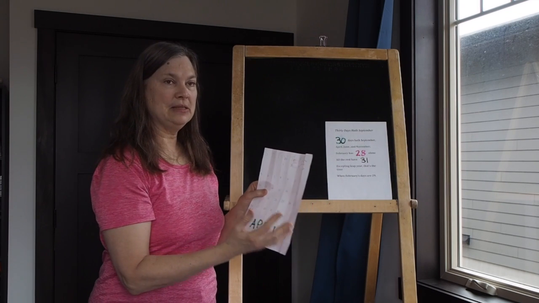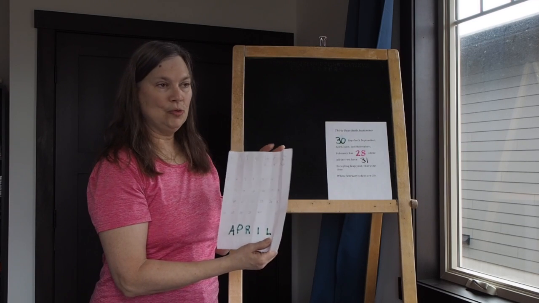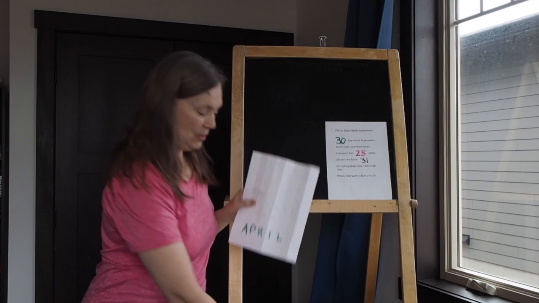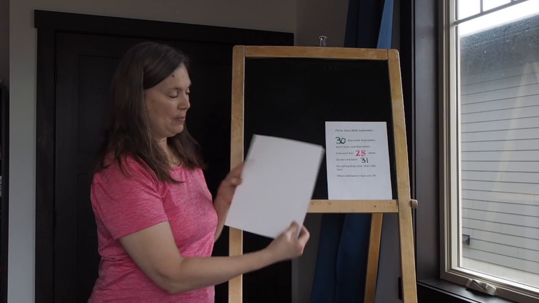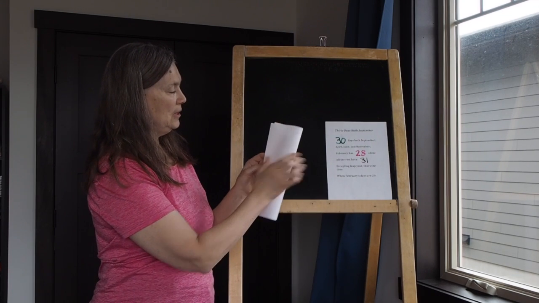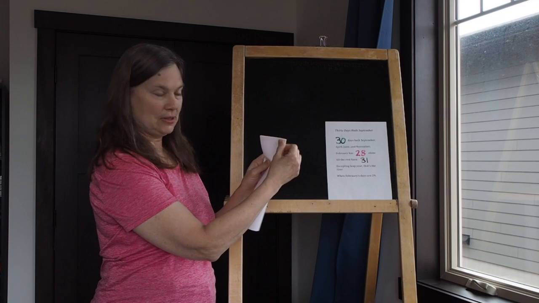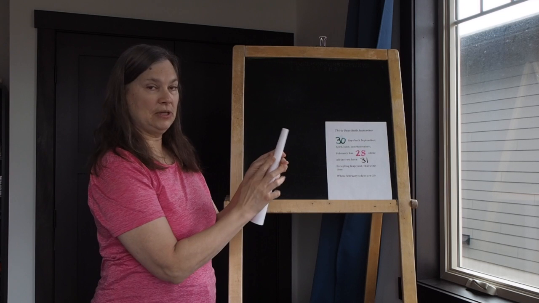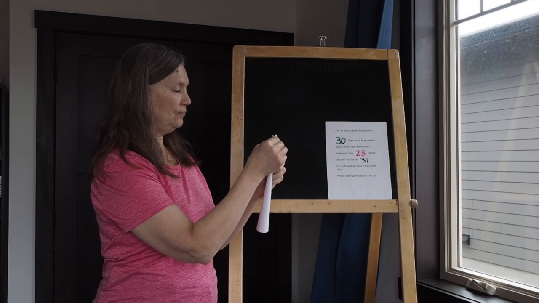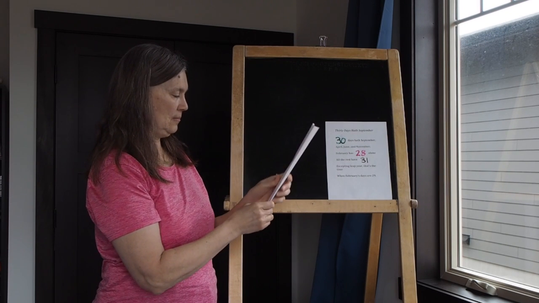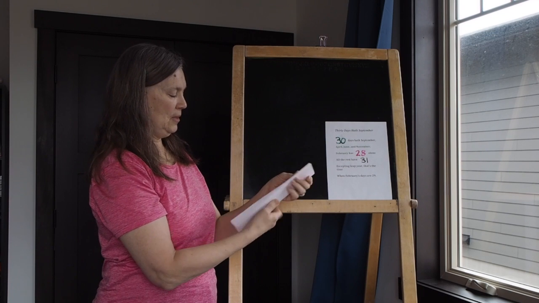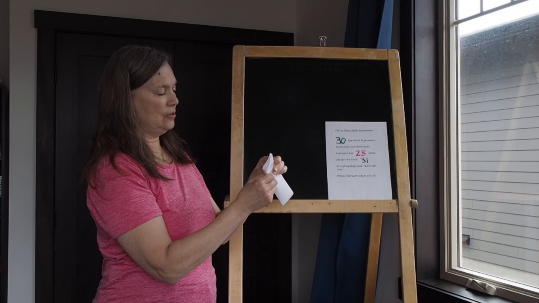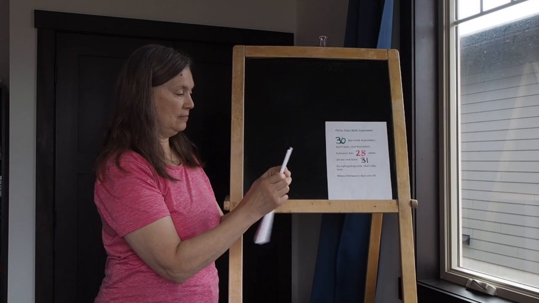There are 7 days, and in order to put them on the paper equally, I'll start with a sheet of paper and then fold it in half, hot dog style. And then I'll fold it in half again, trying to be very careful that all the corners match so that the lines will be even.